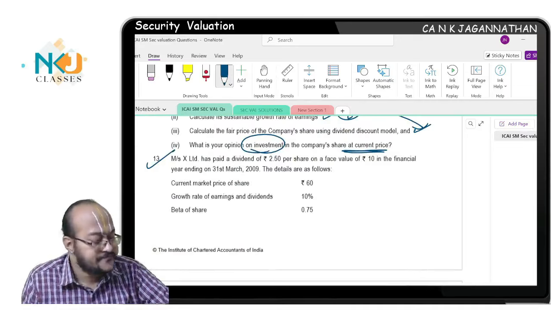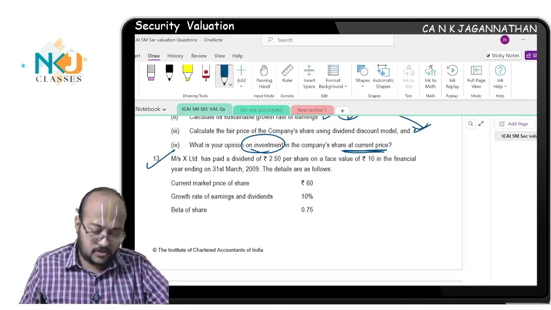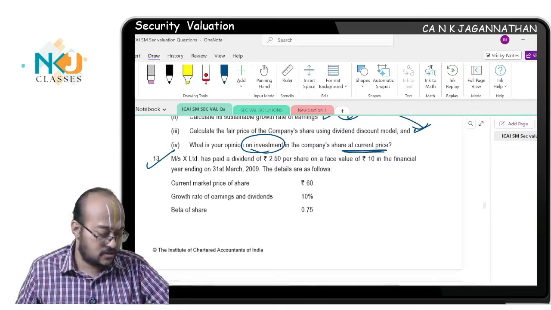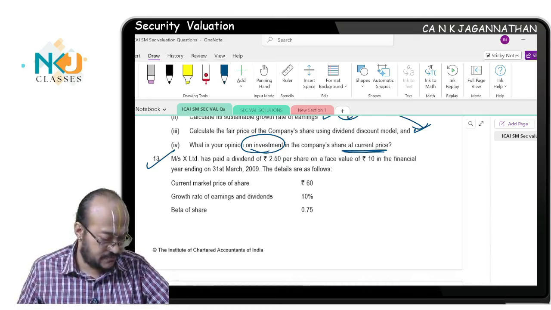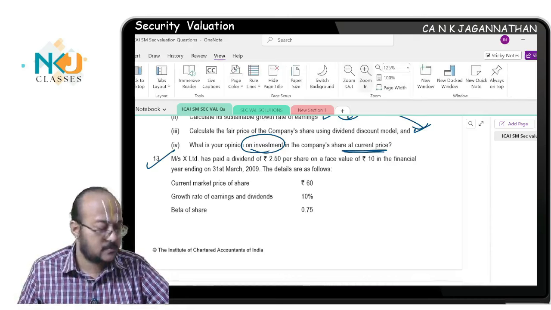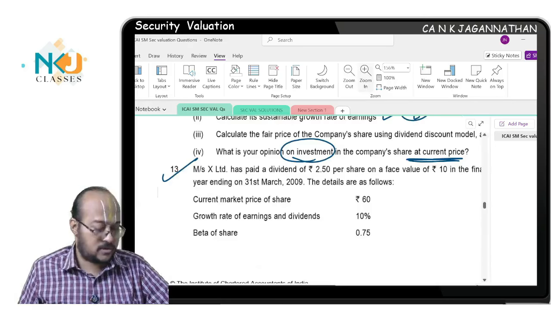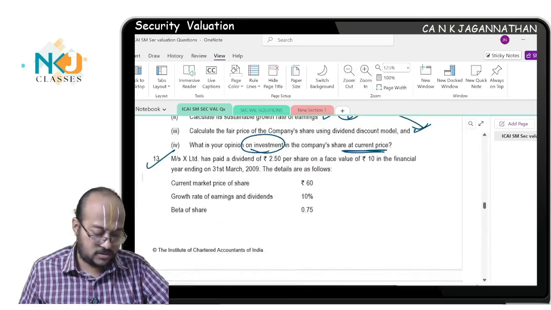Question number 13. Okay, can you see the question, or do I need to zoom in? One second. Okay, this is nice.